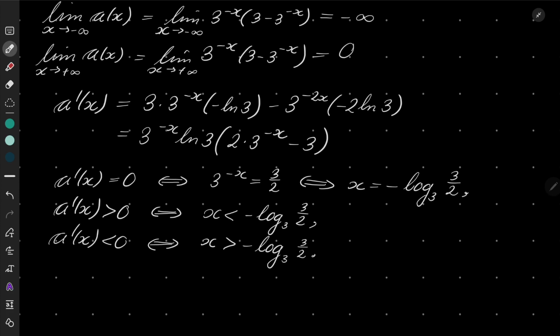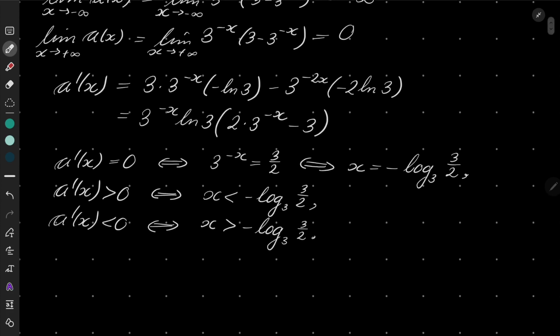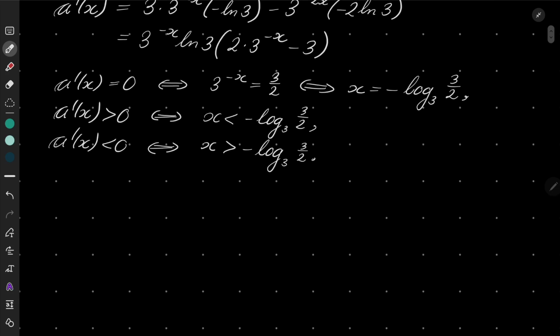Okay, so now we can try to plot our function. We know that the limit at minus infinity was minus infinity.